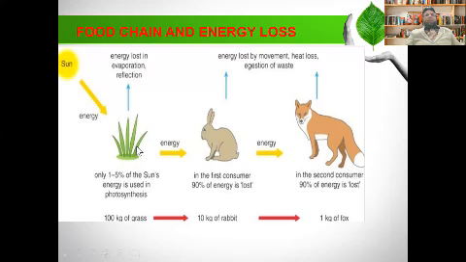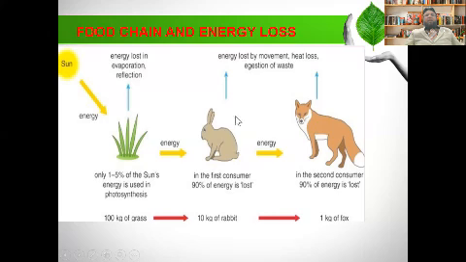So see here, the plants, as they make their own food by the process of photosynthesis, are called producers, or autotrophs. And the animals that cannot make their own food are consumers. The animals which depend on the plants are primary consumers or herbivores.